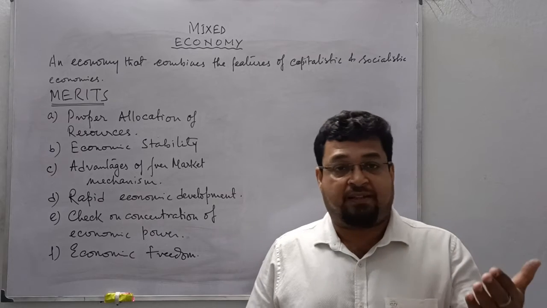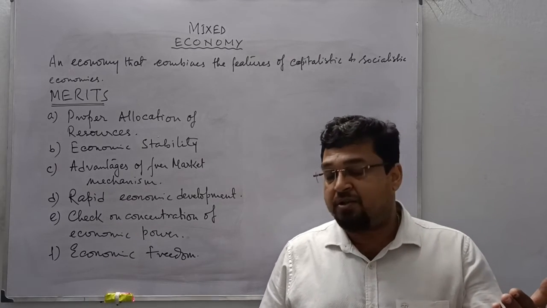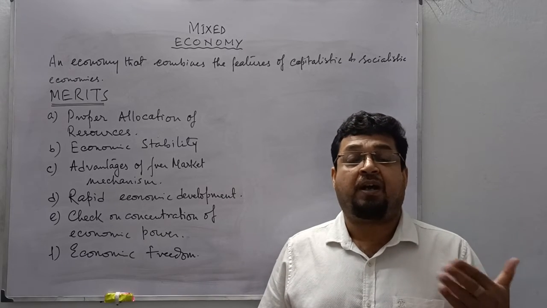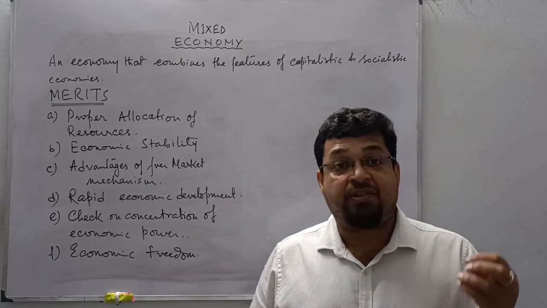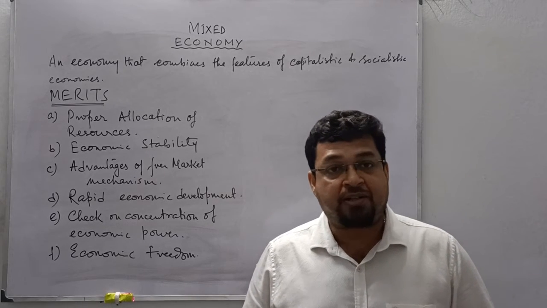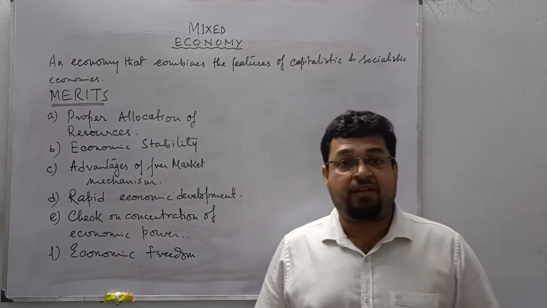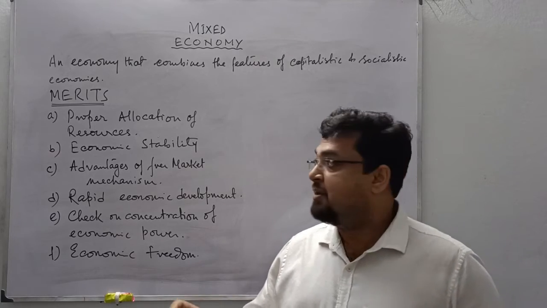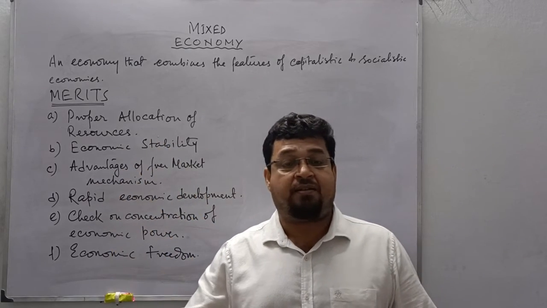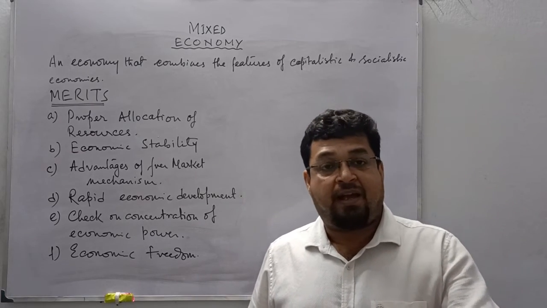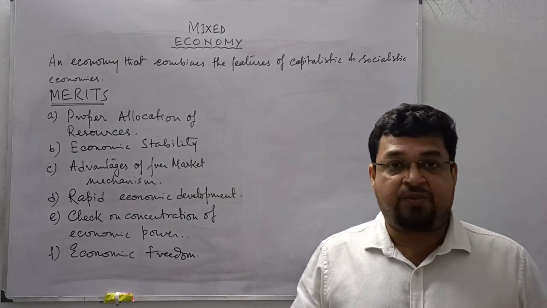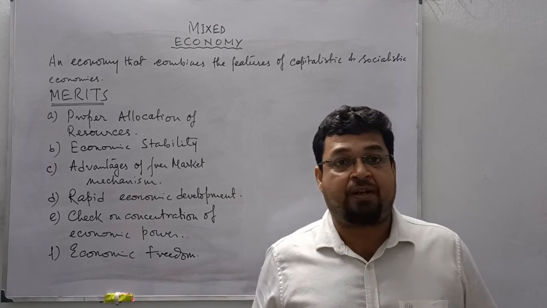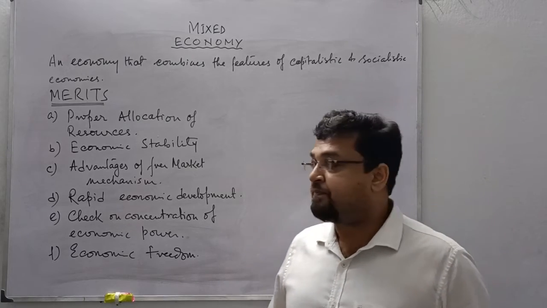So when both the sectors, the private and public sector, are trying to use the resources efficiently, then definitely we can say, as a combined effort in a mixed economy, the resources are properly allocated and most efficiently used. That is one of the merits that we can take up from both the sectors operating together in a mixed economy.